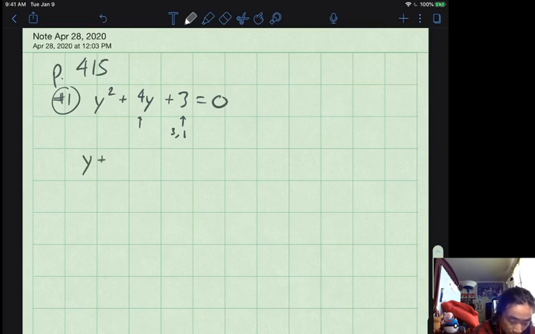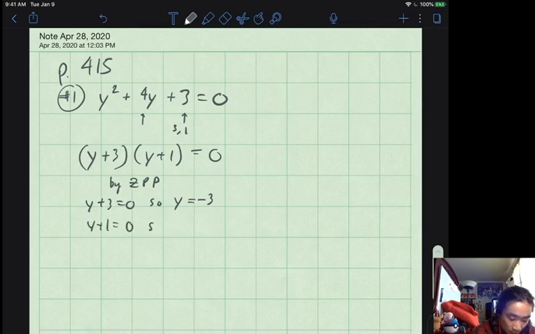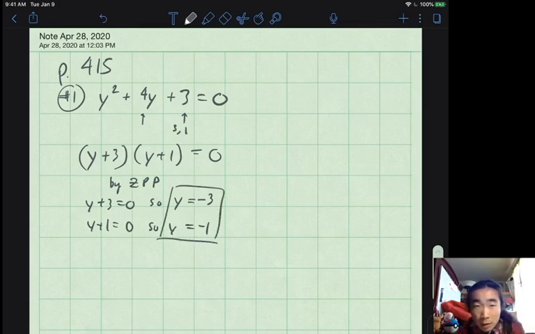So it looks like (y plus 3)(y plus 1) equals 0. By the zero product property, y plus 3 equals 0, so y has to equal negative 3. y plus 1 must equal 0, so y equals negative 1. Okay, that's the factoring method.